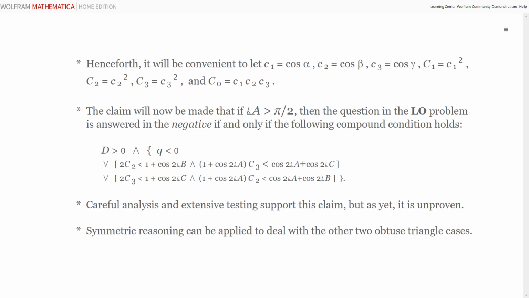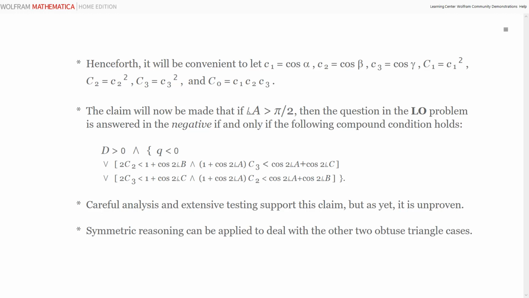in the case of the LO problem where the angle A is greater than pi over 2, I'm now prepared to state my proposed solution. I claim that in this case, let me read this, the question in the LO problem is answered in the negative if and only if the following compound condition holds.